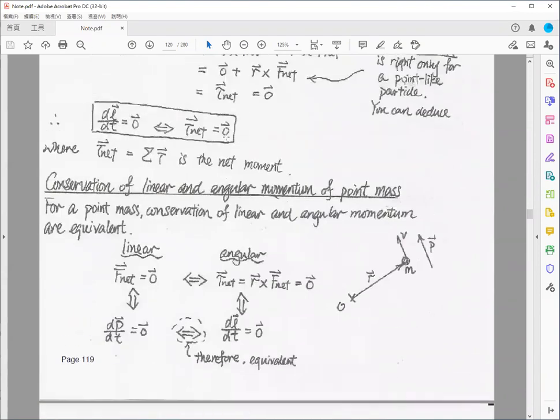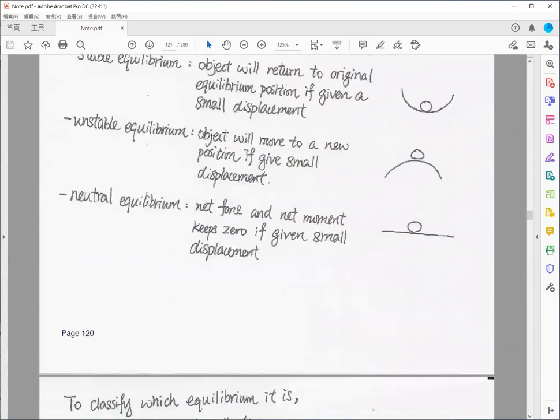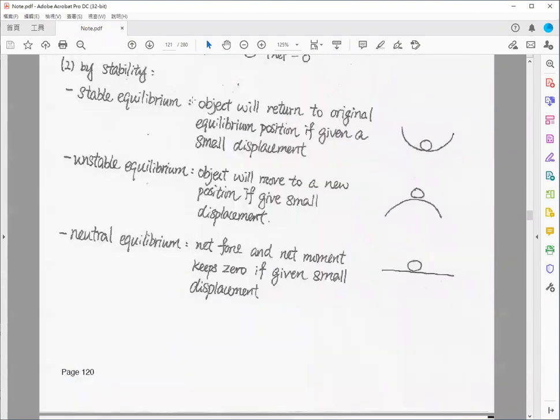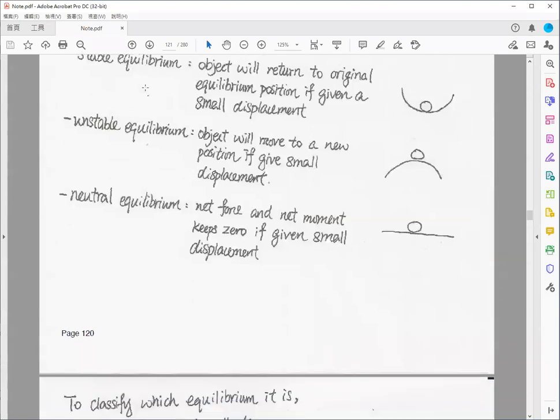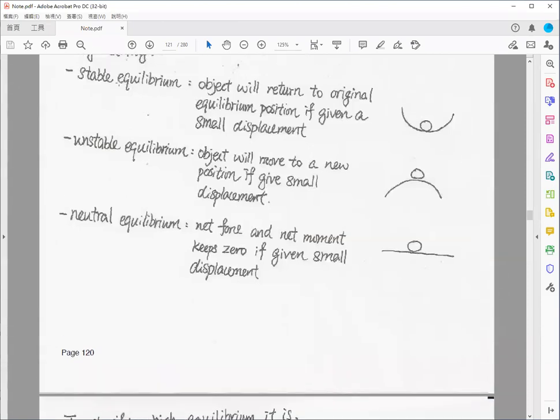Before we go on to talk about the question, there are 3 different types of equilibrium. If you classify by stability, the first one is stable equilibrium, then unstable, and neutral equilibrium. I think you can understand it by just looking at diagrams.